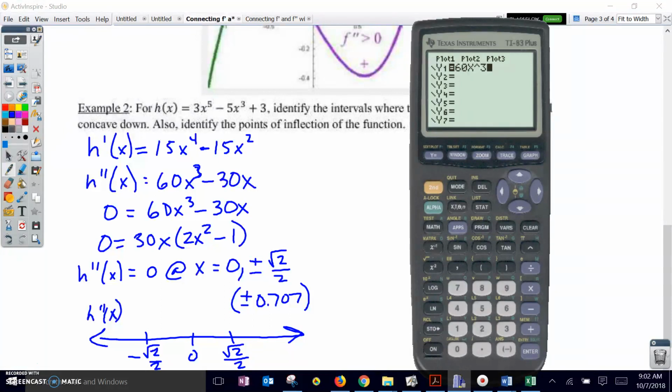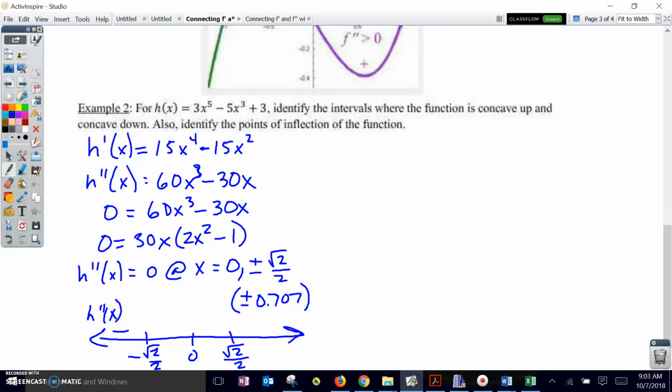So 60x to the third minus 30x. And if we look at the graph of this second derivative, it's a little hard to see, but if you stretch this out a little bit, you can see that the second derivative is negative to the left of negative root 2 over 2 because the graph is negative there.